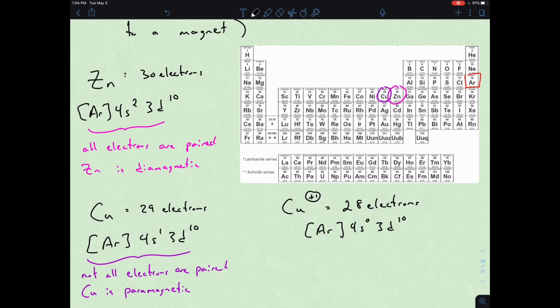If copper wasn't an exception, and it was like 4s2 3d9, that means both copper neutral and copper plus 1 would be paramagnetic.